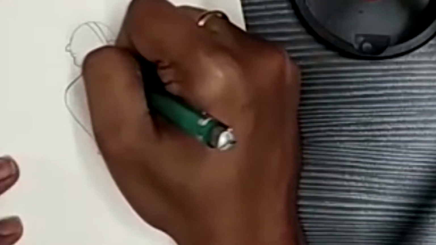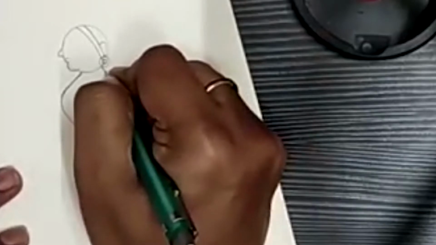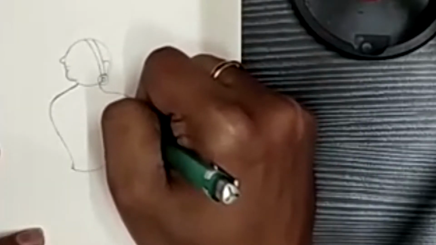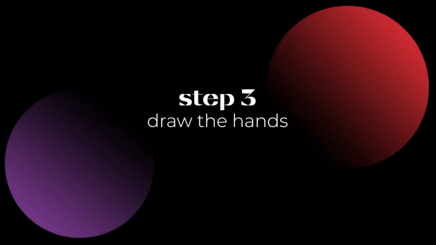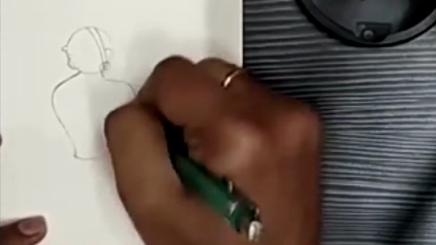So this is the shoulder part that I'm drawing. So I'm drawing the limbs now. I'm going to rub it off a bit here to make it more circular and uniform.